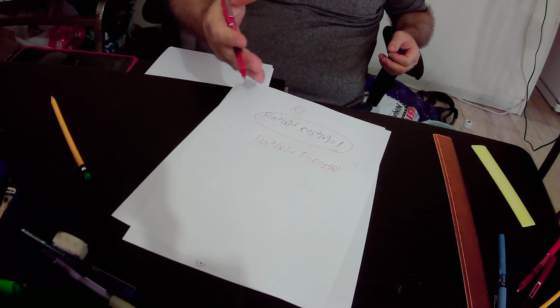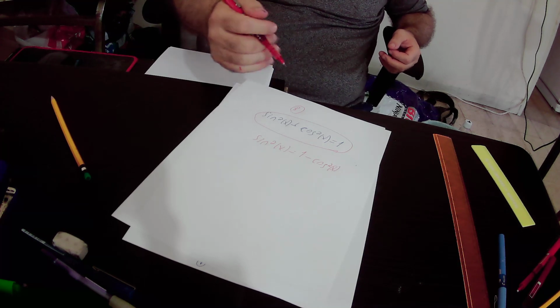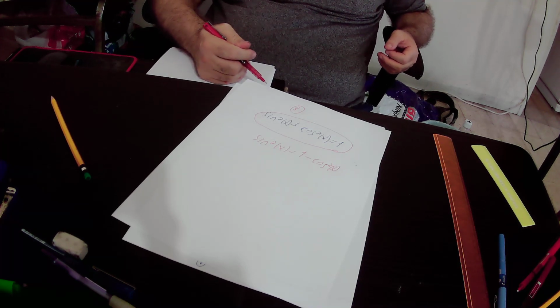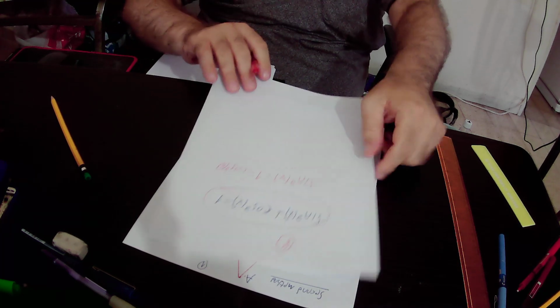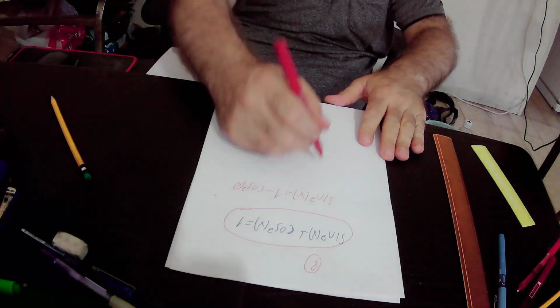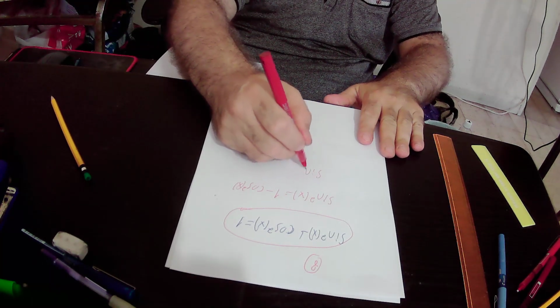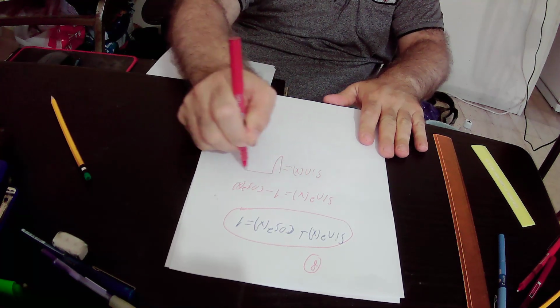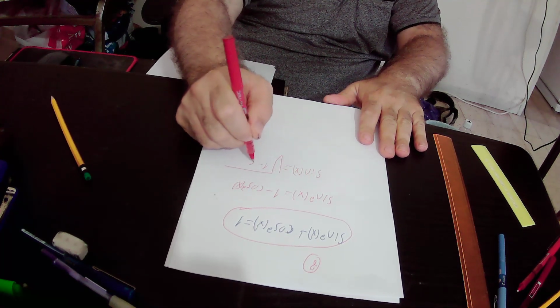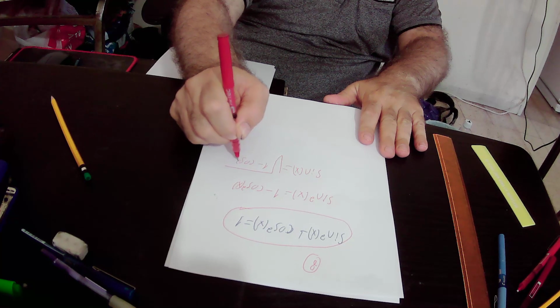Here we will take a root out of this equality in order to find out the value of sine x. So we will get that sine x equals the root of 1 minus cosine square x.